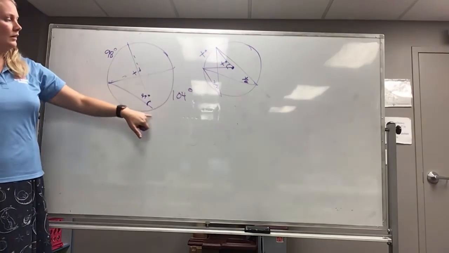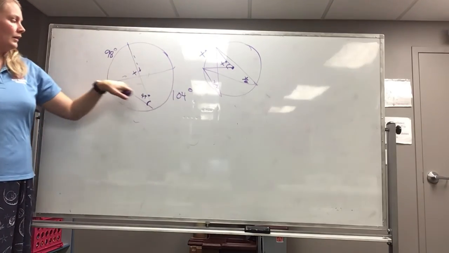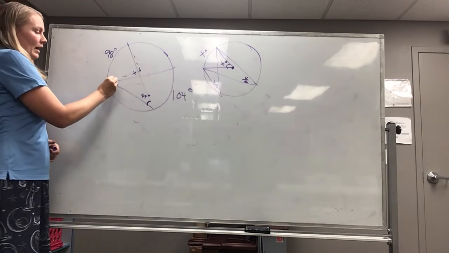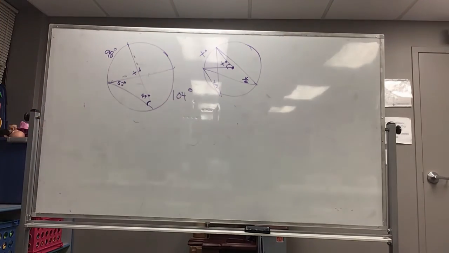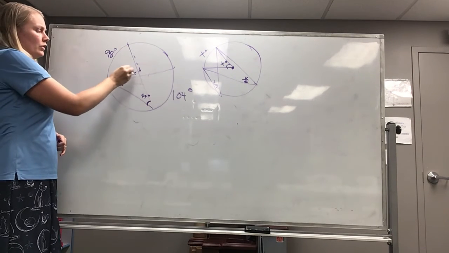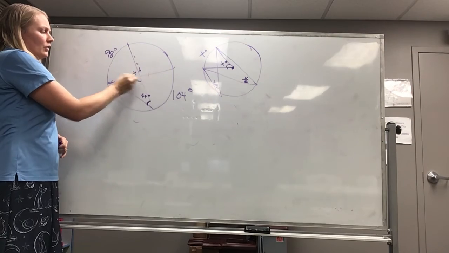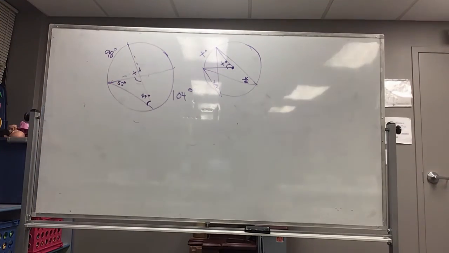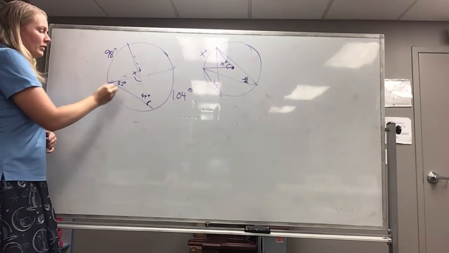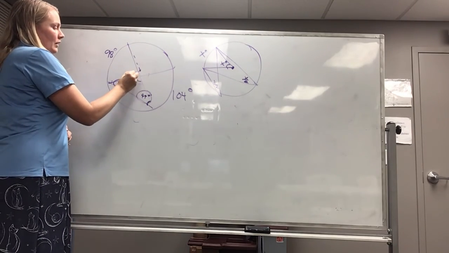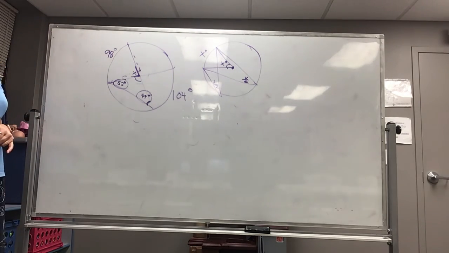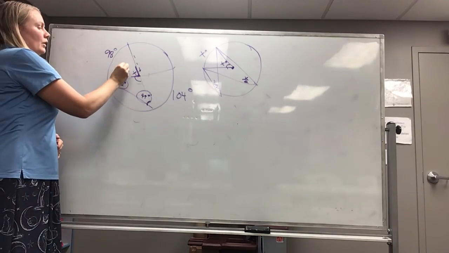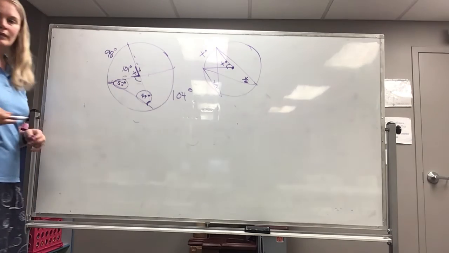If this is 104, this is going to be the exact half at 52. And then finally, whether you use the fact that this adds up to 180 to find this final angle, or you remember the exterior angle theorem that says this plus this is equal to this outside angle, you're gonna have 52 plus 49 equals 101 degrees.